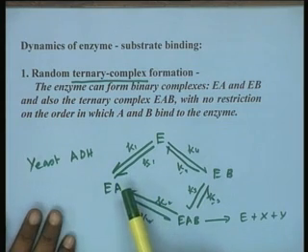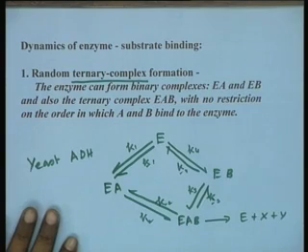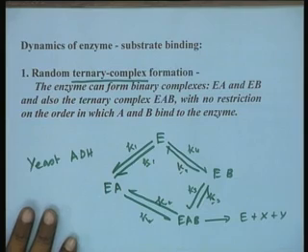It follows an ordered mechanism where it can bind only one of the substrates first before the second substrate can bind, and that is why the kinetic parameters will automatically turn out to be different.